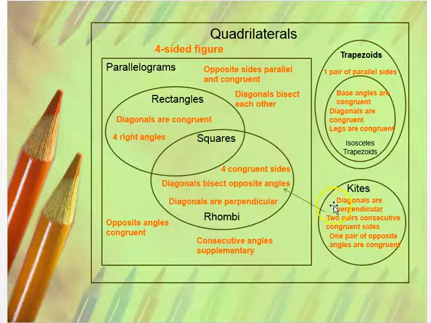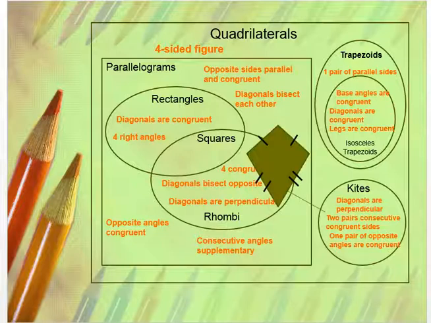Okay, now it's all completely filled in. So write these things down for kites. Now we have our kite. What is important here is that we have 2 pairs of consecutive congruent sides. So the top 2 sides are congruent, and the bottom 2 sides are congruent with each other.